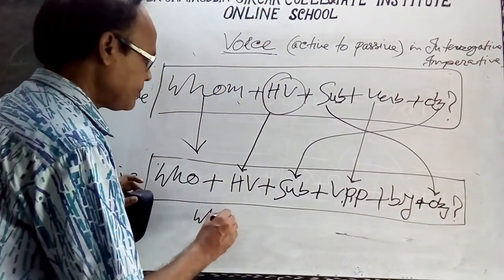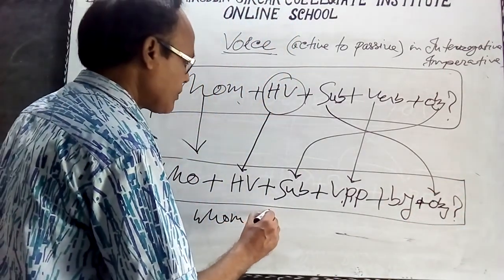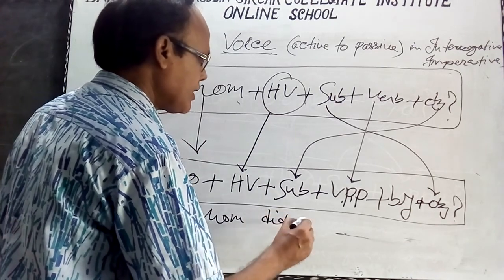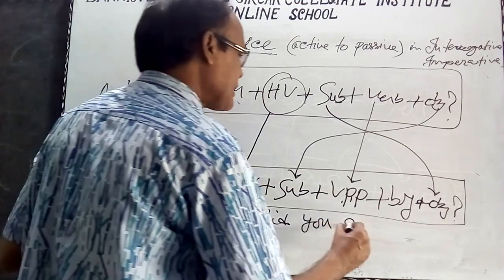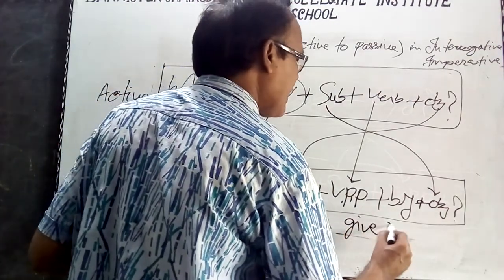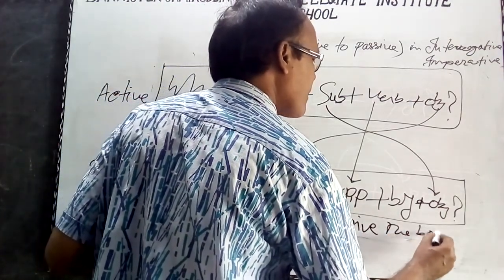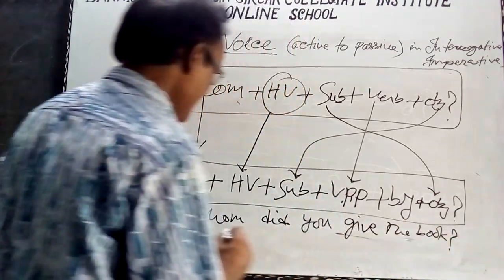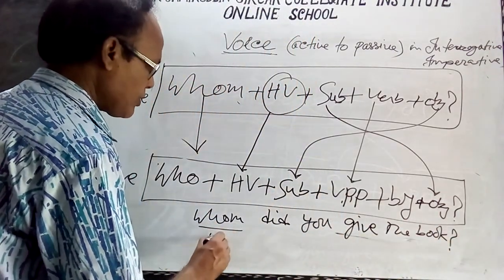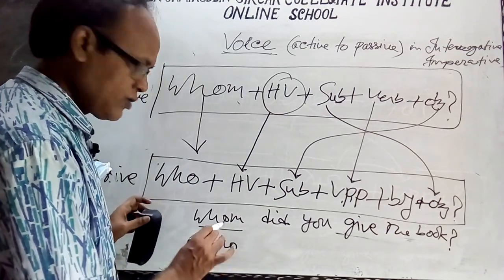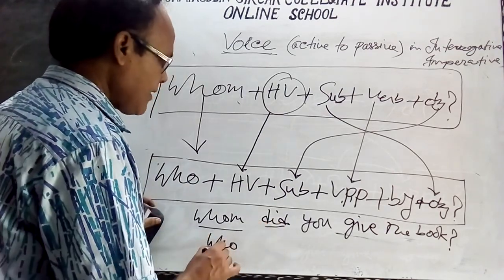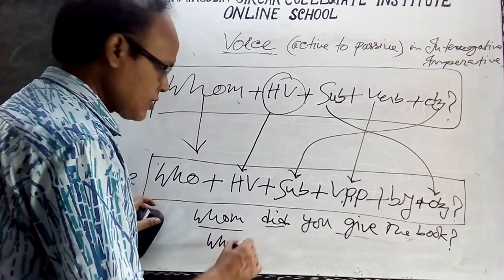Whom did you give the book? So here whom, so we must begin the sentence with who, and did is past indefinite tense, so was.